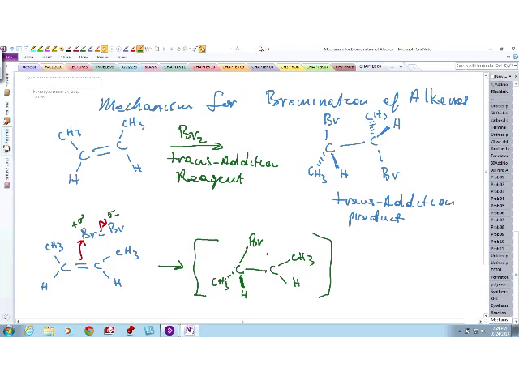I put this in bracket because really, if it happens, it is very, very transient. In other words, very temporary. Almost as though you are forming a carbocation here, but not exactly. So therefore, all of this non-bonding electron on this bromine here simply now attacks this. We form this intermediate molecule.